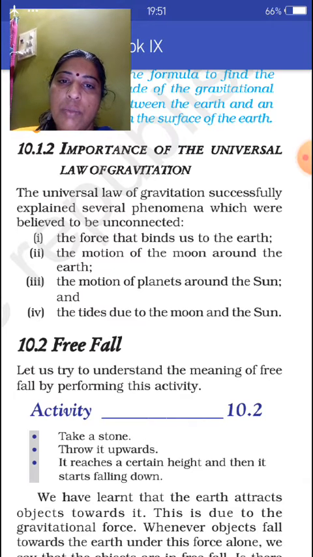Second, the motion of the moon around the earth. Third, the motion of planets around the sun. And fourth, the tides due to the moon and the sun.